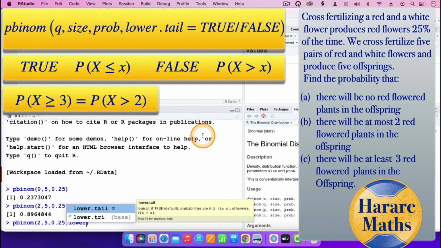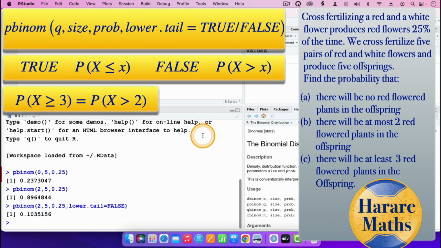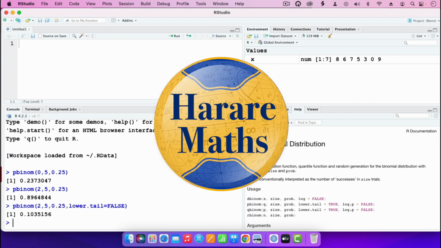If we don't specify lower.tail equals FALSE, it will calculate the probability of X less than or equal to 2. We want the probability X greater than 2, which gives us the probability X greater than or equal to 3. We press enter, and it gives us that the probability that X is greater than or equal to 3 is 0.1035156.